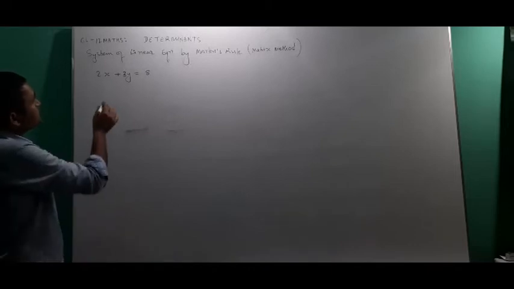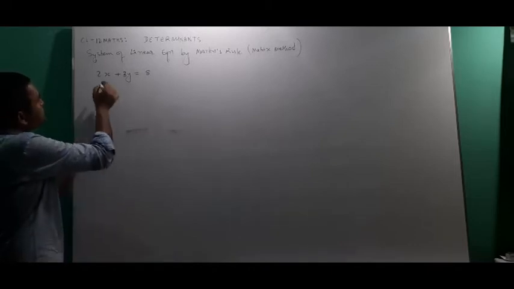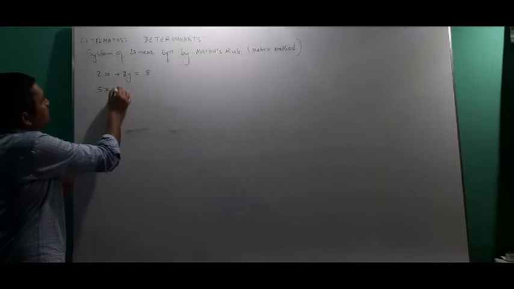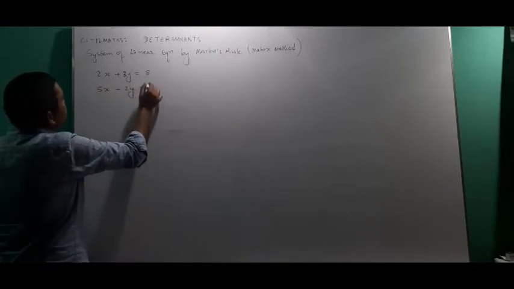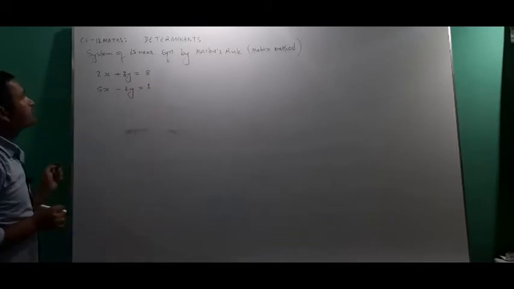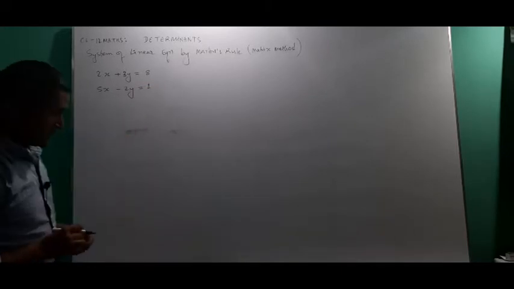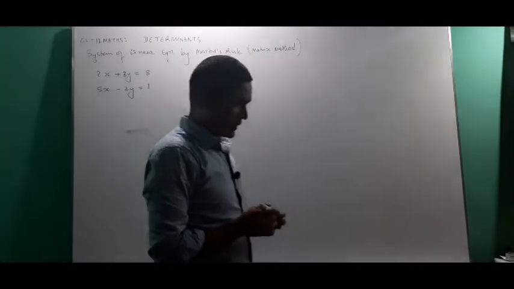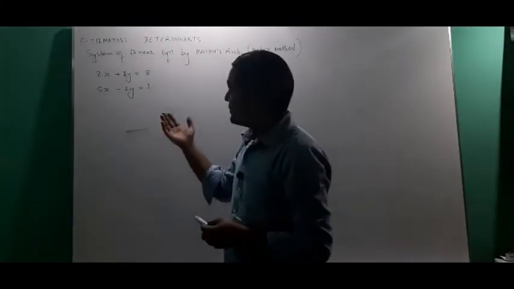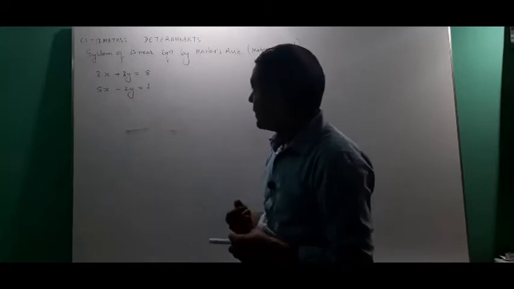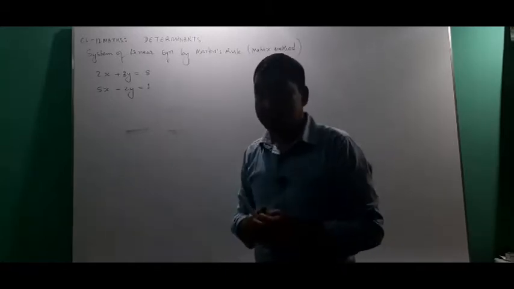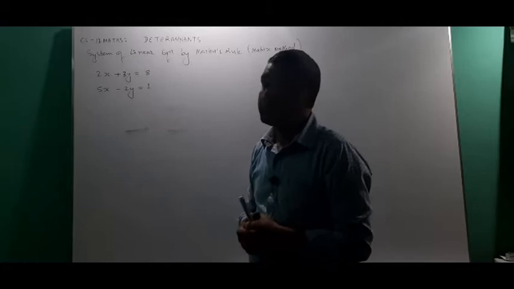Then 5x minus 2y equals 1. And these are the equations. This is a pair of linear equations. Now, how to solve this kind of equations by matrix method.